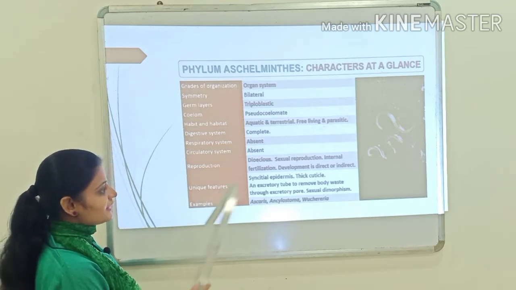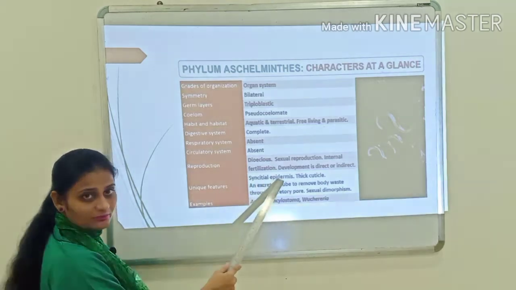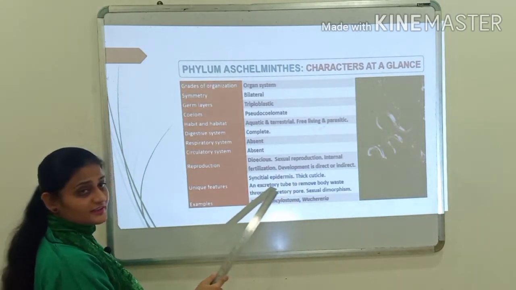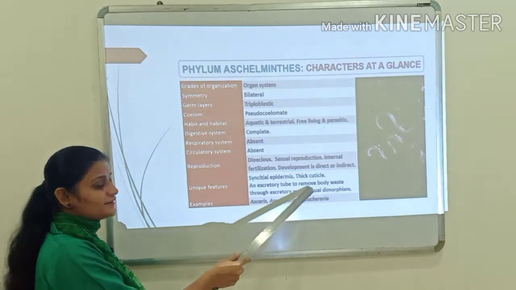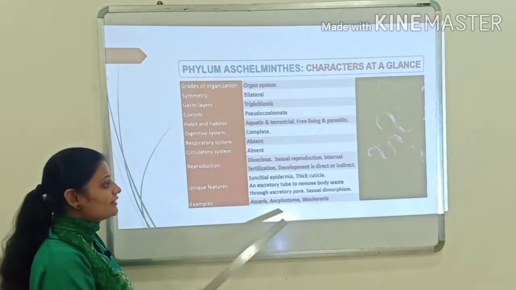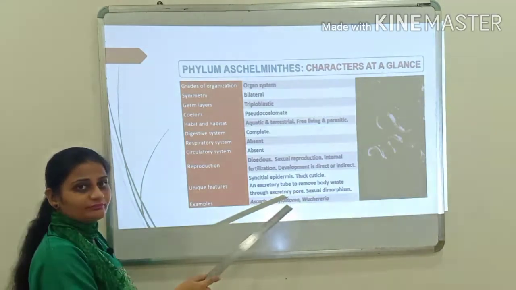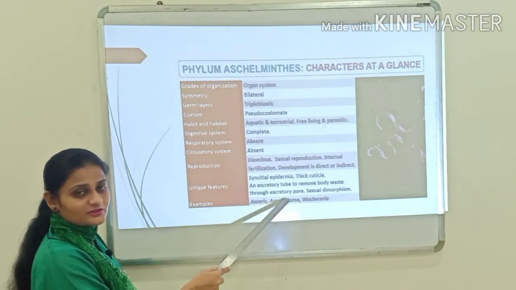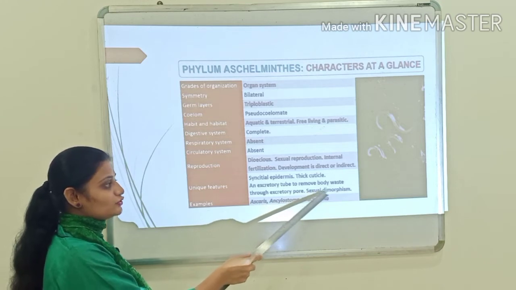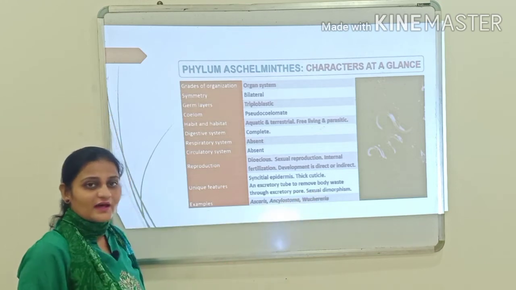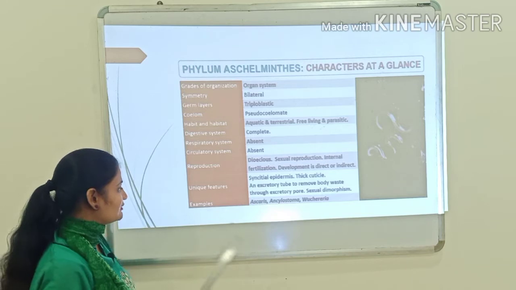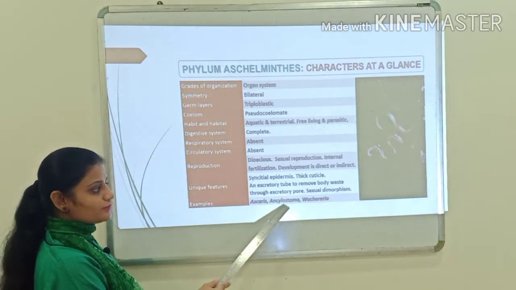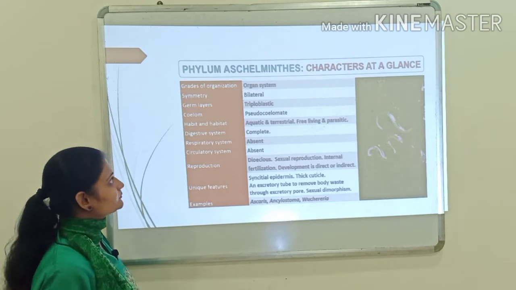Some unique features are that syncytial epidermis is produced, they have a thick cuticle, and an excretory tube is present inside the body which helps in removing the excretory products, or you can say the waste products, outside the body through the excretory pore. They show sexual dimorphism where the males are shorter than the females. Examples are Ascaris, Ancylostoma, Wuchereria.